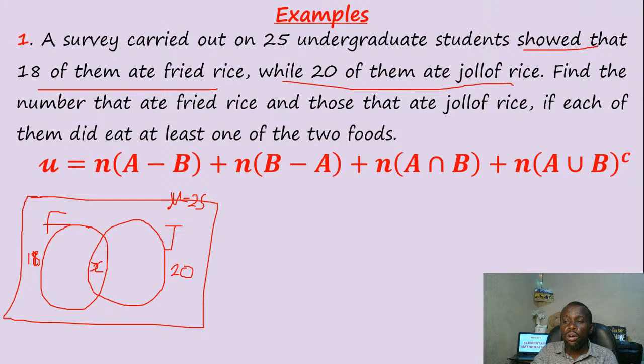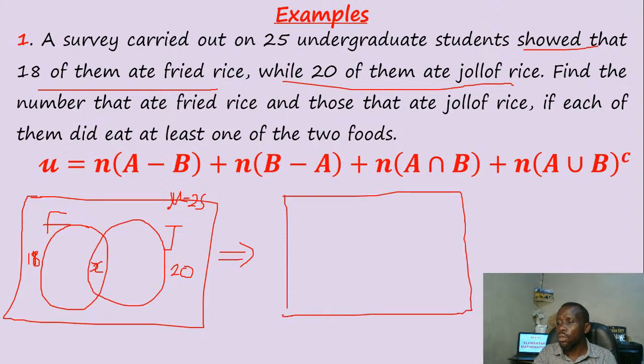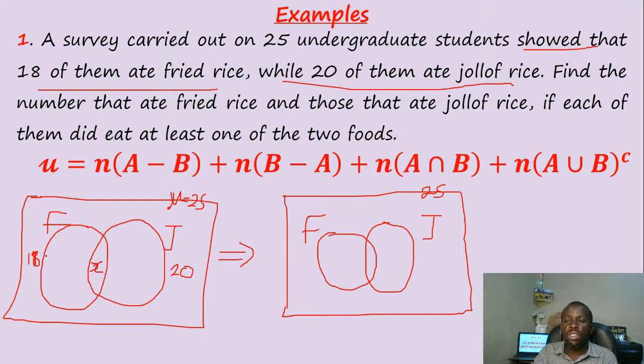Now, I can redraw this. So I have my 25 here outside. I have my two rings. We have fried rice and we have jollof rice. Since 18 is those that ate fried rice, but not only fried rice, I have to put that 18 inside.